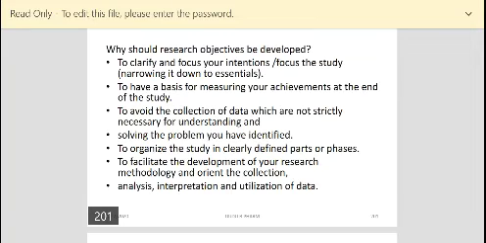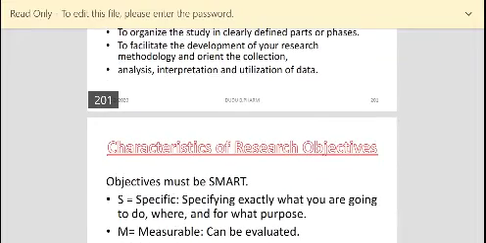You can see the bullet there. This bullet should not be there. Also, to avoid the collection of data which are not strictly necessary for understanding and solving the problem you have identified. Now, the bullet is not a big problem, so long as when I'm reading my sentences, I'm trying to avoid this bulleting to show that they are not there.